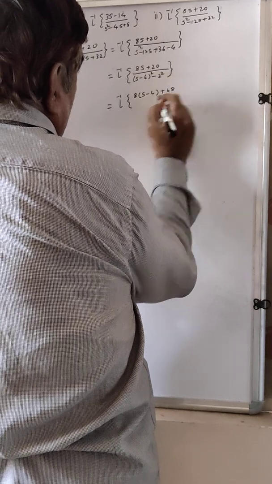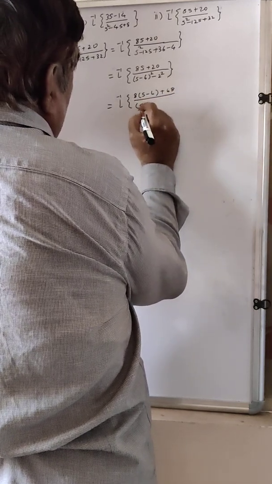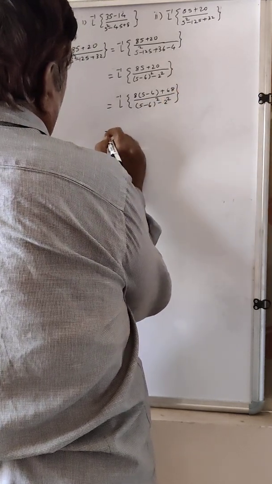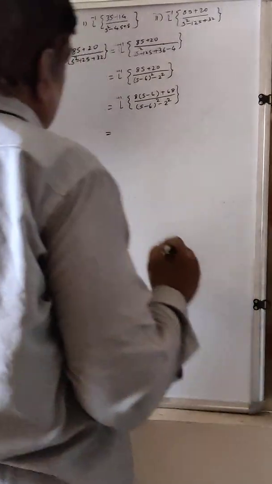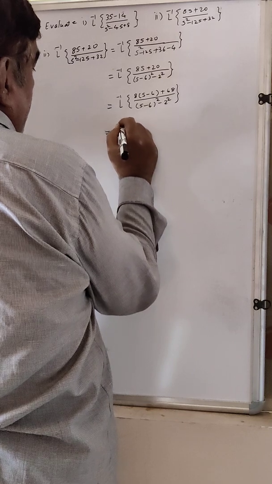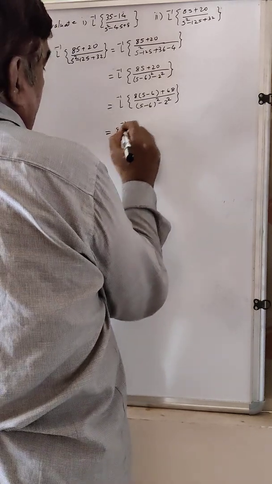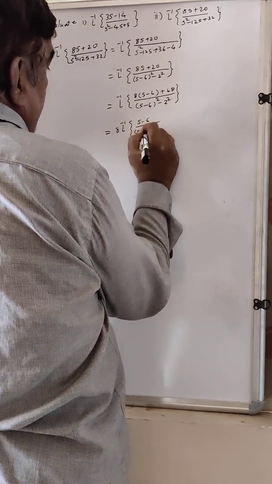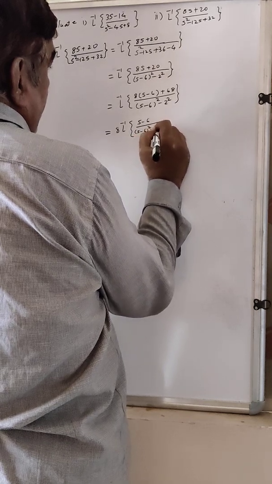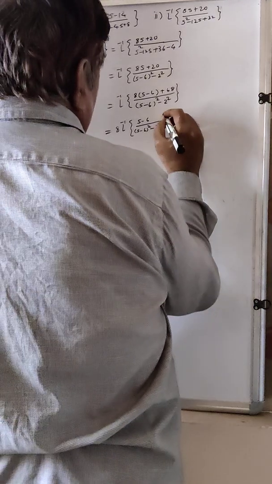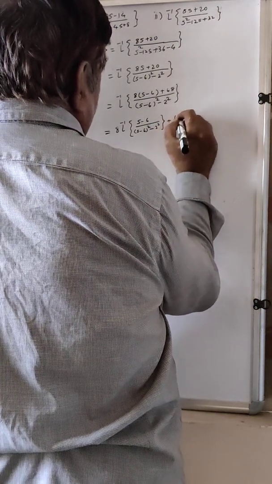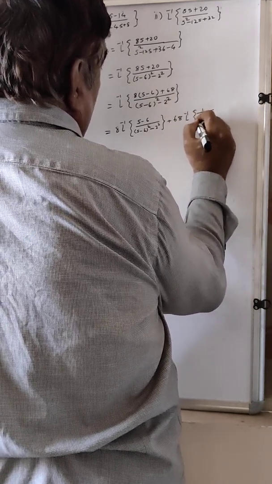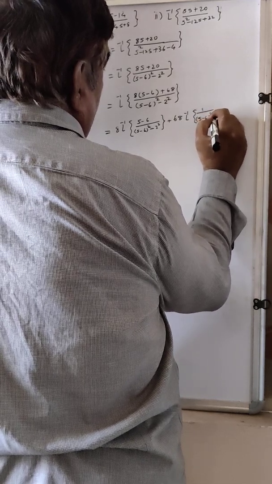Therefore write here 68, upon (s minus 6) bracket square minus 2 square, is equal to, using linearity property, Laplace inverse of (s minus 6) upon (s minus 6) bracket square minus 2 square plus 68 Laplace inverse of 1 upon (s minus 6) bracket square minus 2 square.